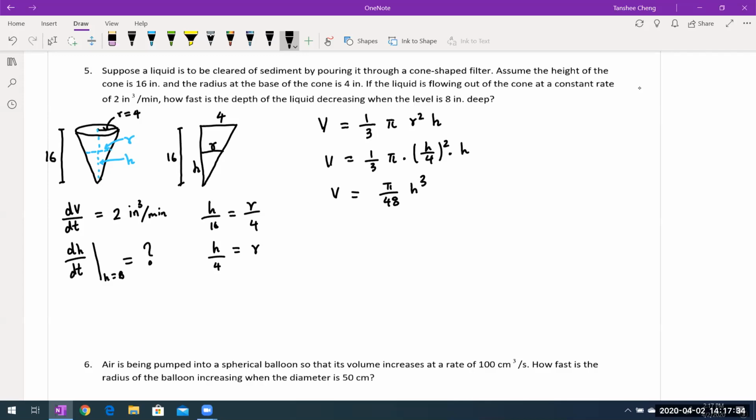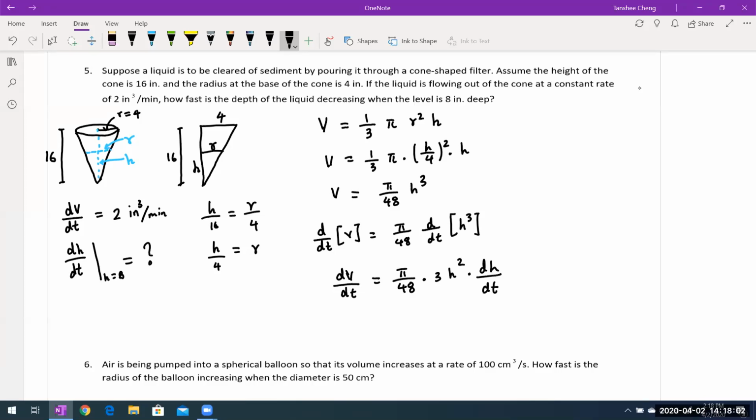Now, taking the derivative on both sides with respect to time, that gives me dV/dt equal to pi over 48 times 3h squared times dh/dt.